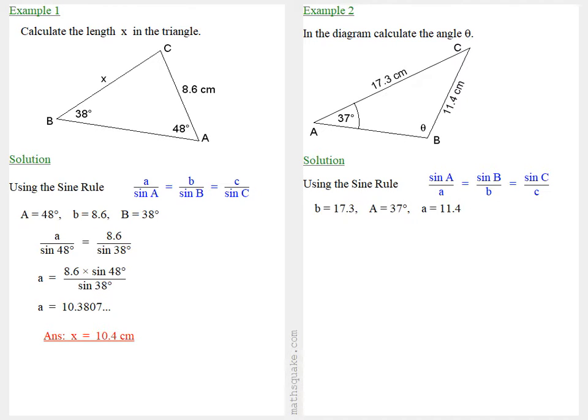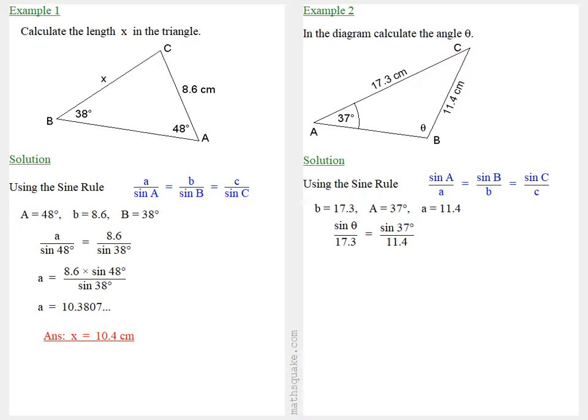And we have the side b is 17.3, the angle A is 37 degrees, and the side a is 11.4. The angle that we want is theta, and that's the angle B. So we have sine of B over b equals sine of A over a. So sine of theta over 17.3 equals sine of 37 over 11.4.